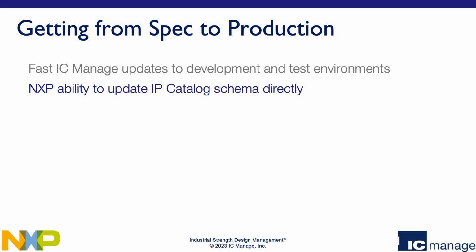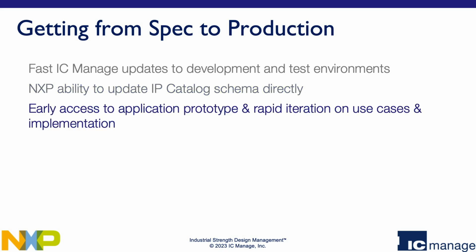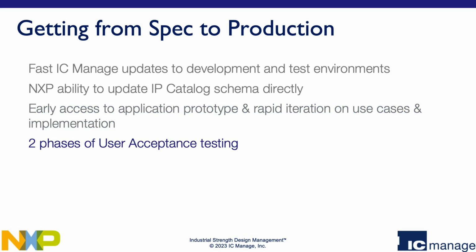This eliminates a long feedback loop to IC Manage that would be required to create new software releases for simple database changes. We also had the benefit of very fast feedback from NXP's development milestones, which significantly reduced the traditional product development lifecycle. Two user acceptance test phases were scheduled prior to full deployment. This was important to make sure performance, functionality, and quality goals were met.